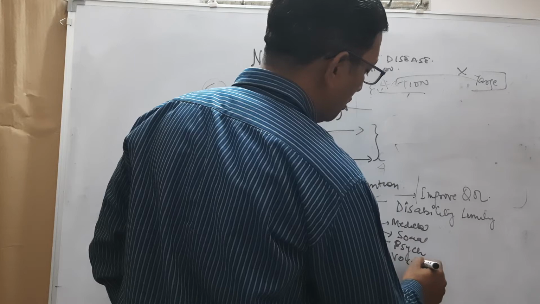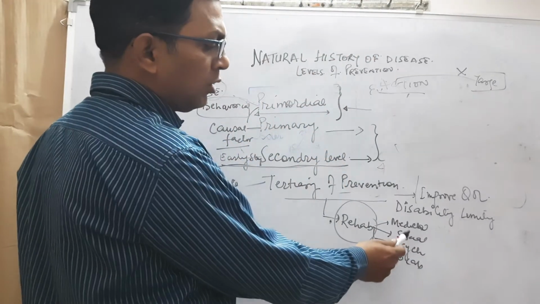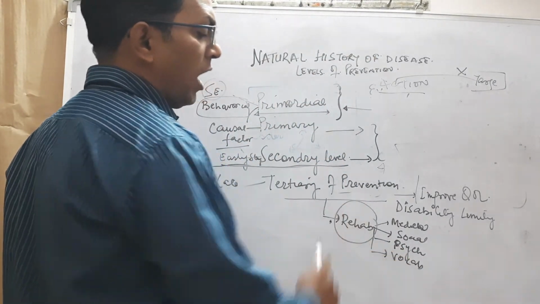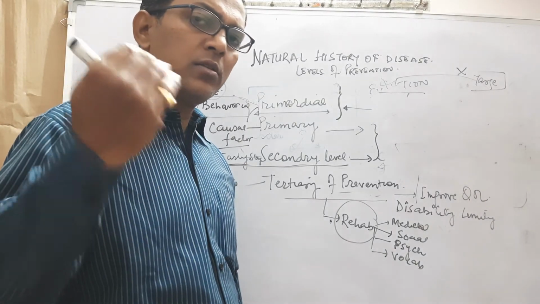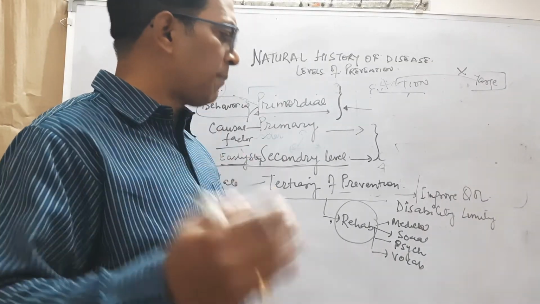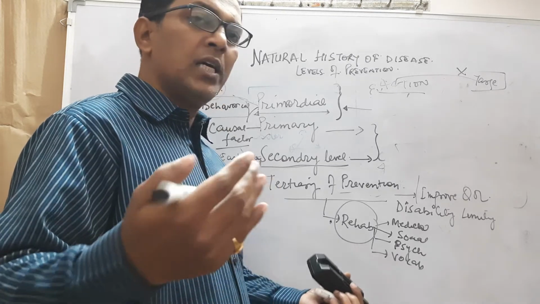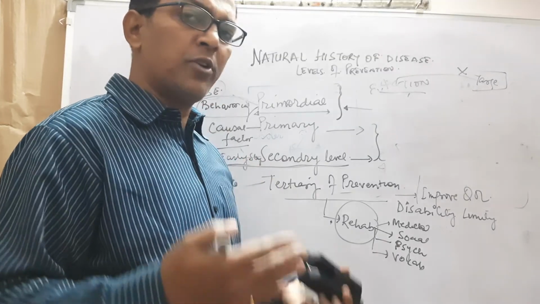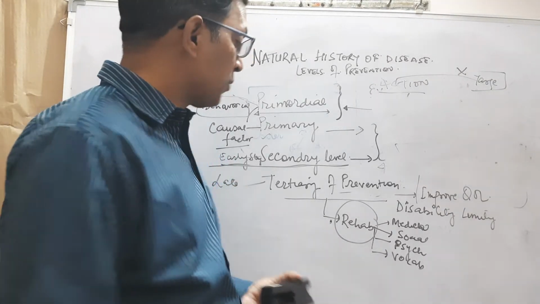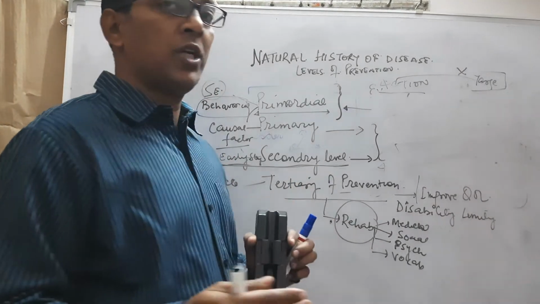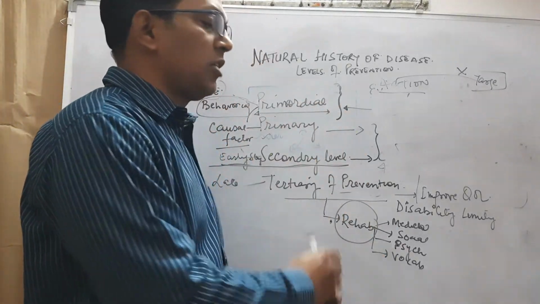So rehabilitation is of four types: medical, social, psychological, and vocational. What does medical mean? Providing things which can help him out. For example, providing calipers, providing Jaipur foot. So providing Jaipur foot would come under tertiary level of prevention, under medical rehabilitation.